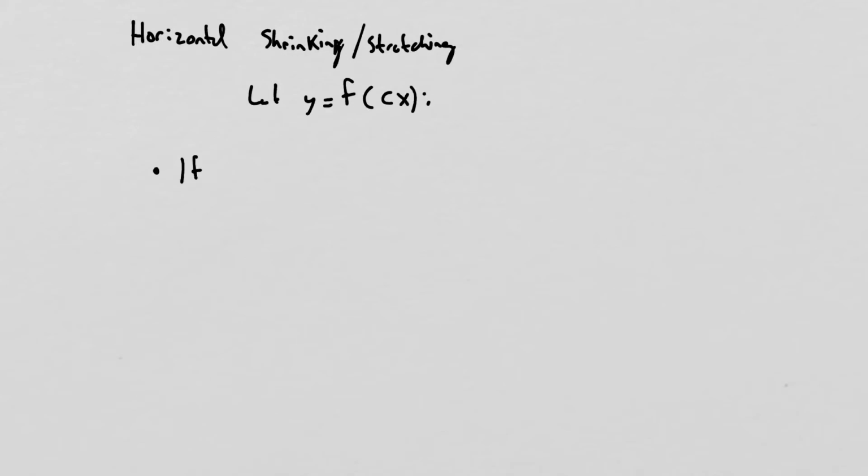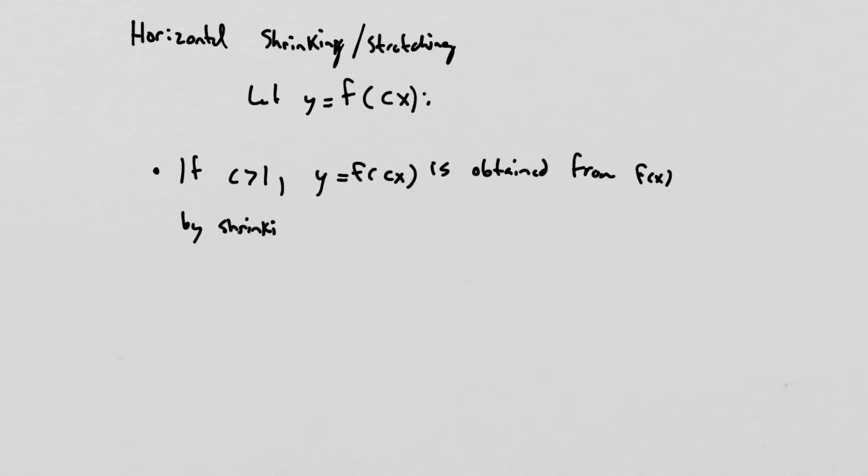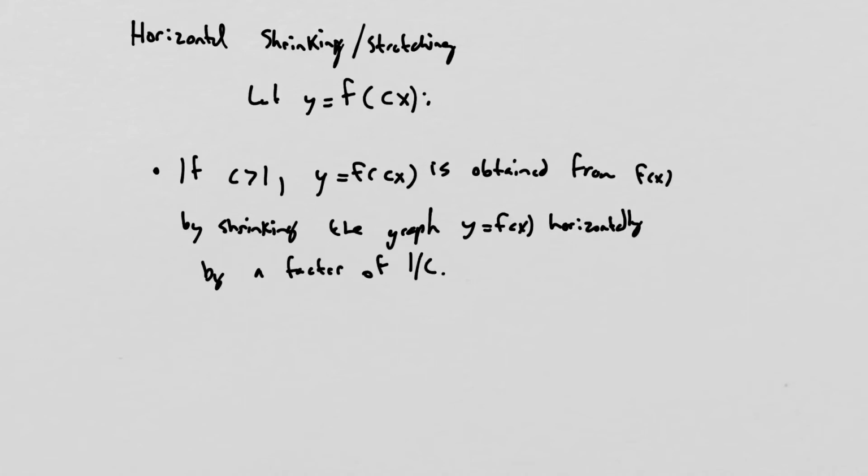Then, if c is greater than 1, y, which is equal to f of cx, is obtained from f of x by shrinking the graph y is equal to f of x horizontally by a factor of 1 divided by c.